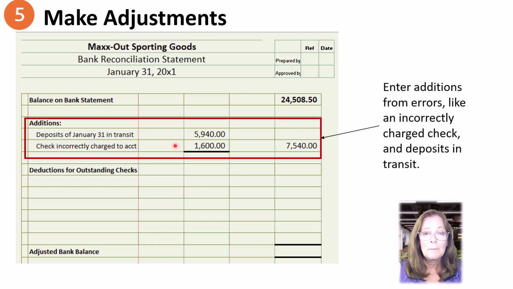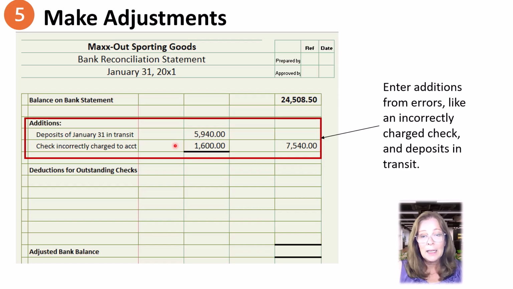Recall that the bank charged Max Out's account for check number 10087, even though the check did not belong to Max Out Sporting Goods. Since the bank incorrectly reduced the account balance, we expect the bank to investigate and correct the error. Therefore, we add the $1,600 back to the bank side of the reconciliation.